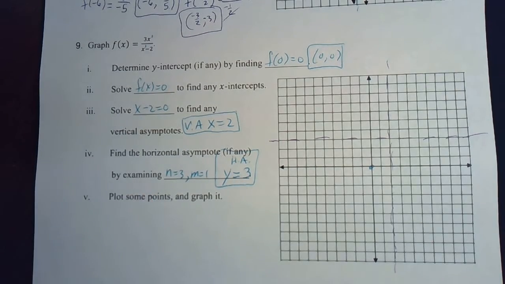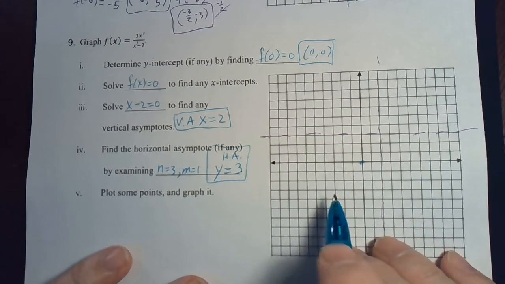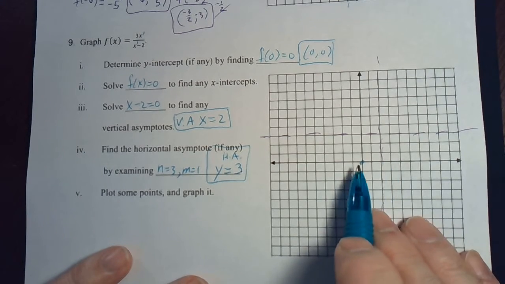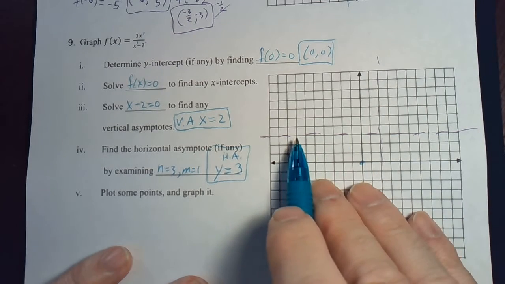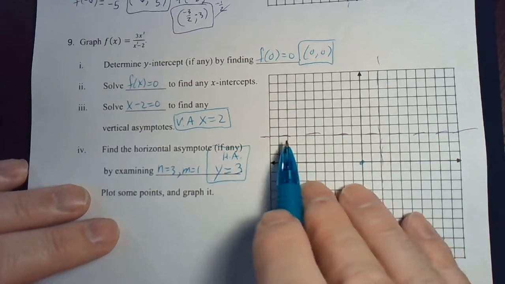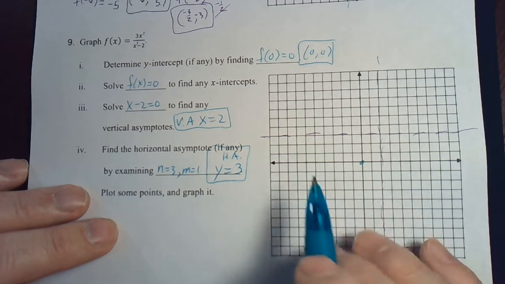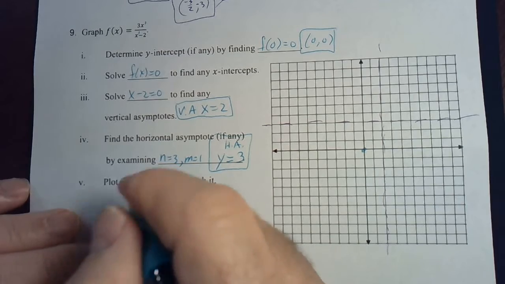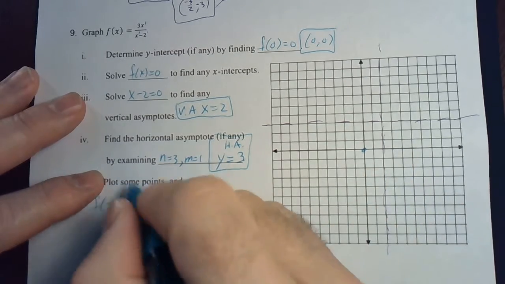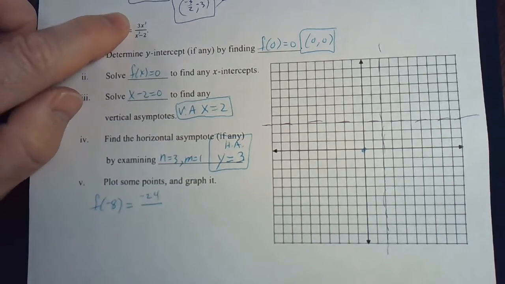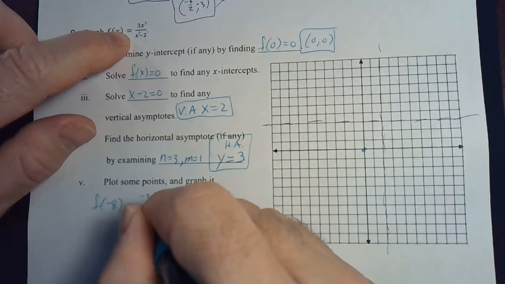All right, now let's plot some points. Well, we already have 1 to the left of this vertical asymptote, so let's just find maybe 2 more. If I go to the left maybe to 6 or 8, I'll go x equals negative 8. I expect it to be somewhere in this region. F of negative 8 is going to be negative 24 over negative 8 minus 2, which is negative 10.